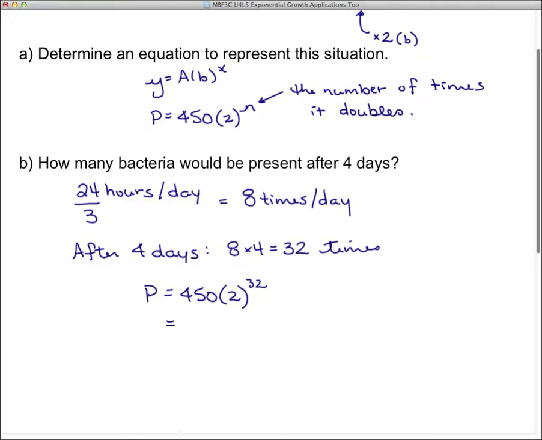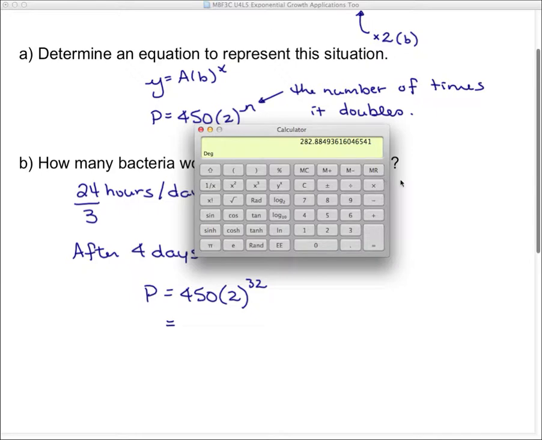So let's pull out my handy calculator. It's got that number from the last one. We'll get rid of it. 2 to the exponent 32. That's pretty big, and now I have to multiply it by 450. Now, my calculator has not kicked into scientific notation, so I can write this whole thing out.